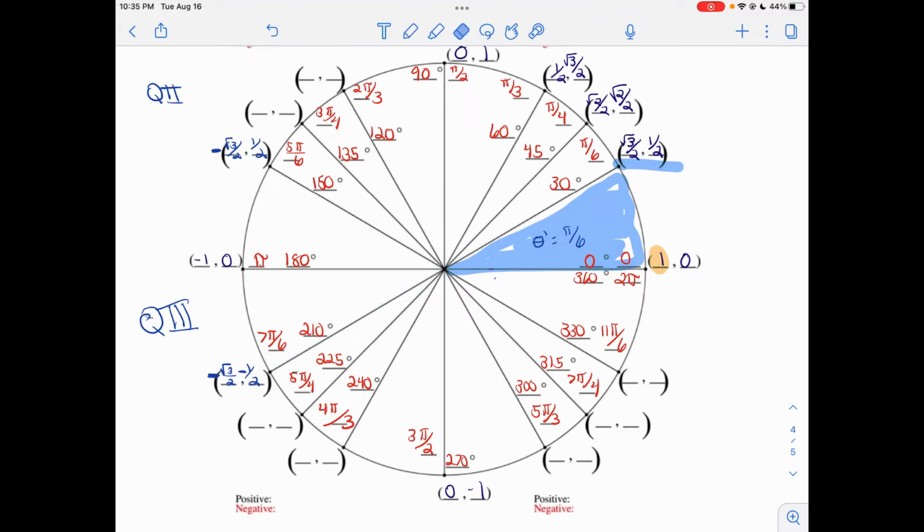Now I need an angle in quadrant 4 that has a reference angle of 30 degrees, and it would have to be 330 degrees. So this has the same ordered pair as 30 degrees, which is square root of 3 over 2 and 1/2. The difference is that in quadrant 4, your x's are positive, but your y's are negative. So it's actually square root of 3 over 2 and negative 1/2.